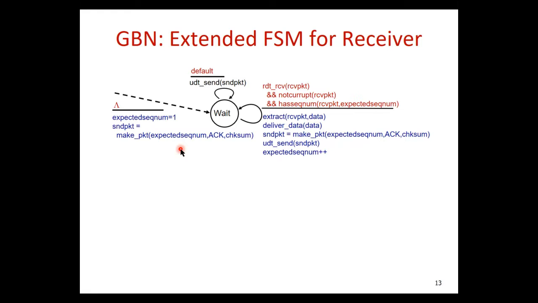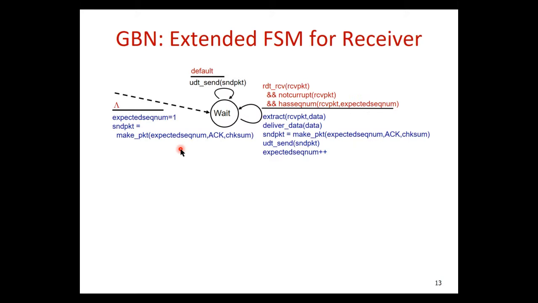In the case of Go-Back-N, the range is only one sequence number. It's always going to be the next expected sequence number. Initially it expects to receive packet number 1. After it receives packet 1, it increments and expects to receive number 2.